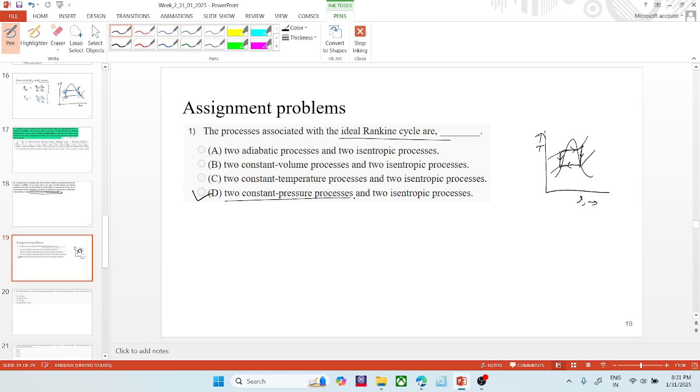While in the Carnot cycle, we had two constant temperature and two isentropic processes. So option D here would be correct.